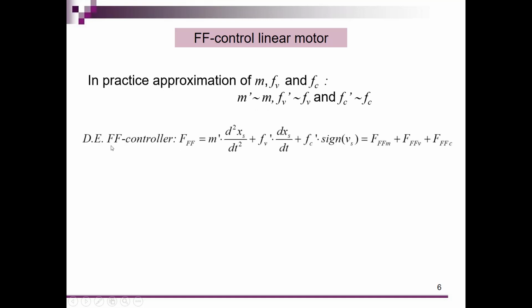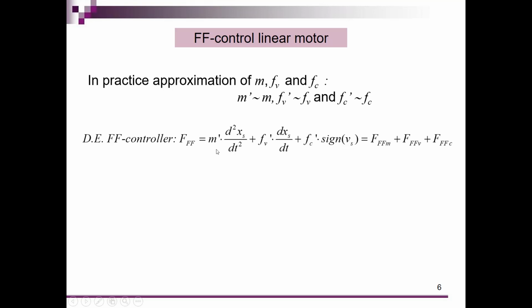So these are estimated values. So now again, I can transform the differential equation of my feed forward to this equation, which has at the output of my feed forward controller, F equals the estimated mass times the double derivative of my set point over here. So this is my acceleration set point, plus my estimated damping over here times my speed set point over here, which is the derivative of my position set point, plus the estimated Coulomb friction times the sign of my speed set point.